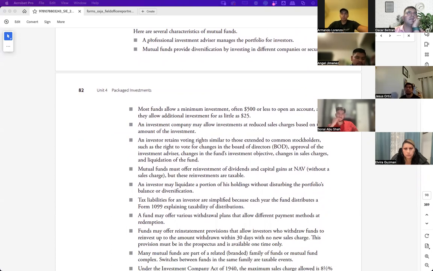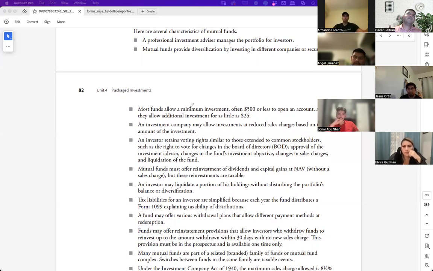All right. A professional investment advisor manages a portfolio for investors. So they're going to have a designated investment advisor looking over that fund. And they provide diversification by investing in different companies or securities.